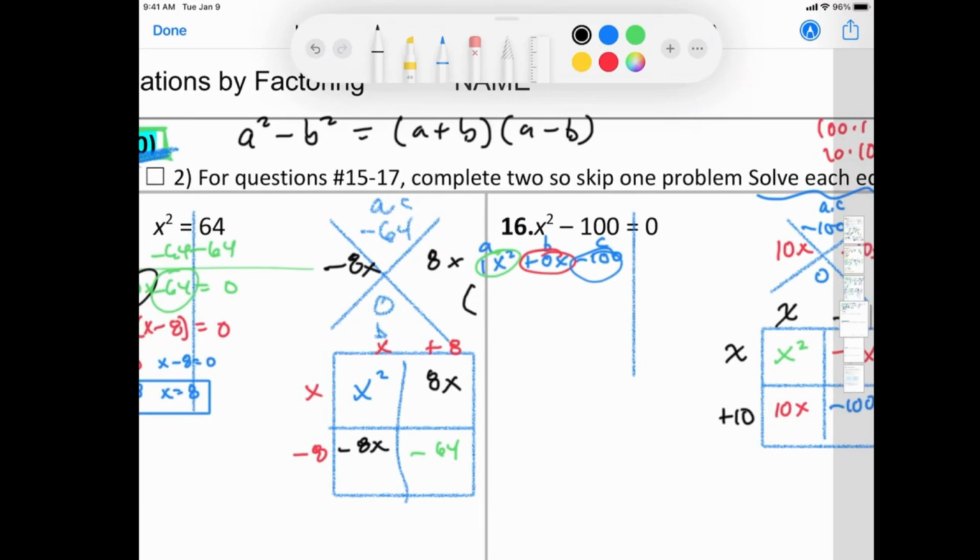So that becomes 10 and negative 10. Set both of those equal to 0. And then you just solve. So subtract 10, you get negative 10 here, and over here you get positive 10.